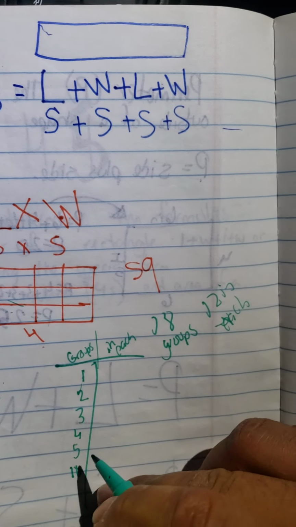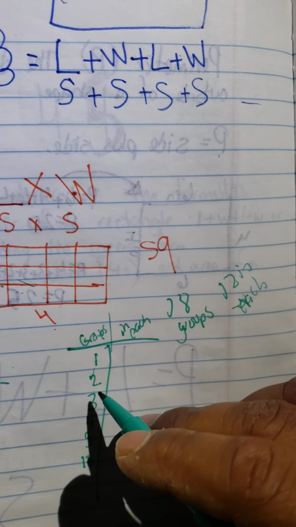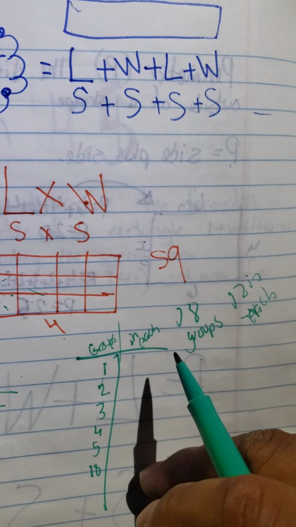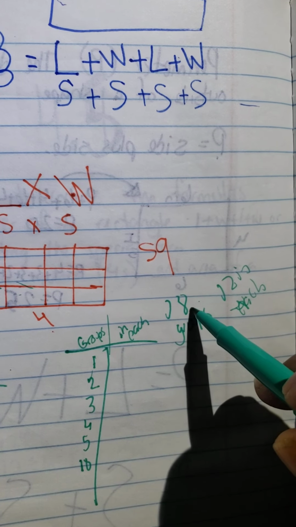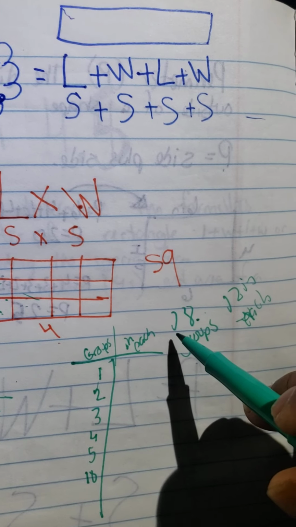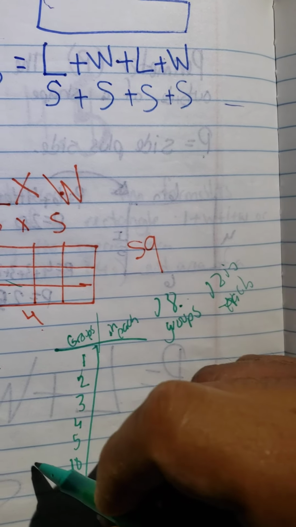So why did I stop at 5? Well, because from 5 you can create any other number. Why did I add a 10? Because 18 has 8 ones and a 10. So what numbers am I going to need? I'm going to need the 10.